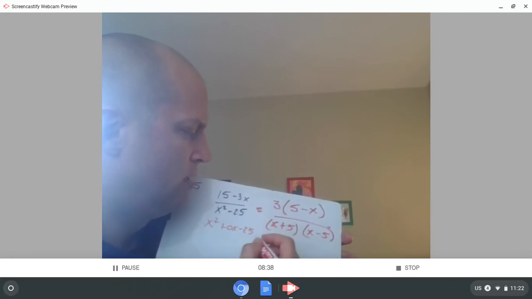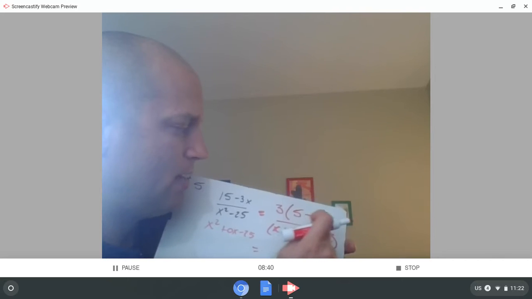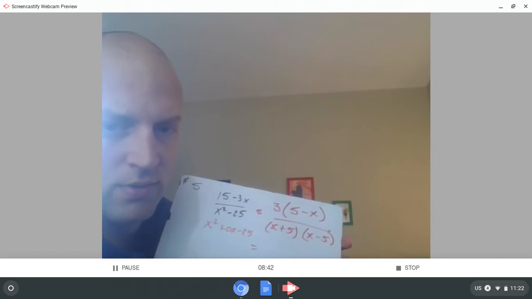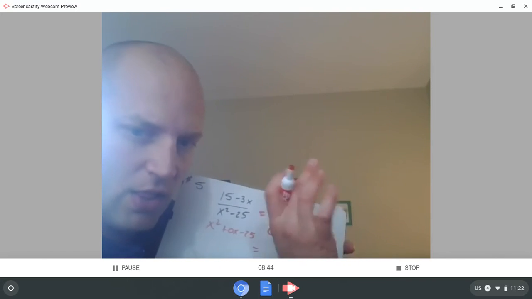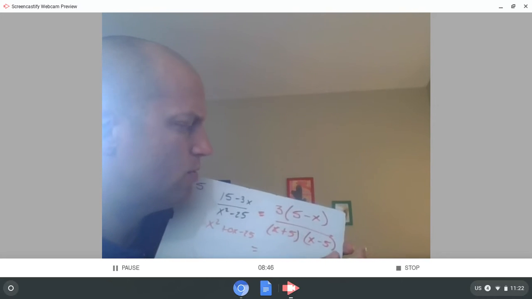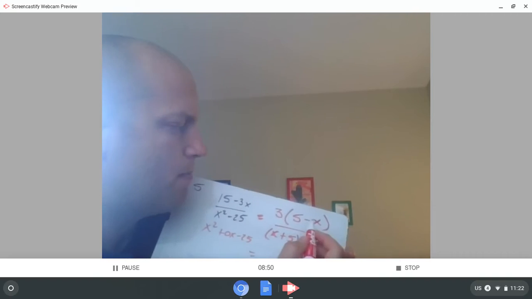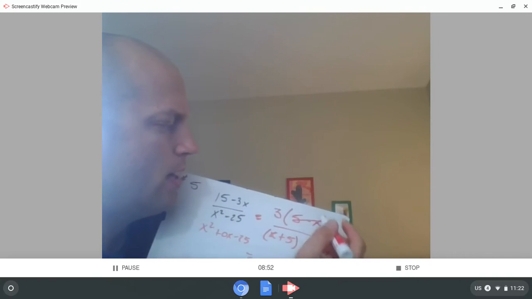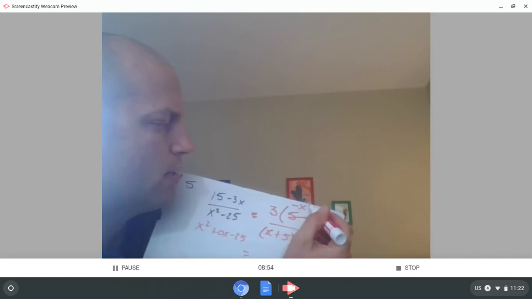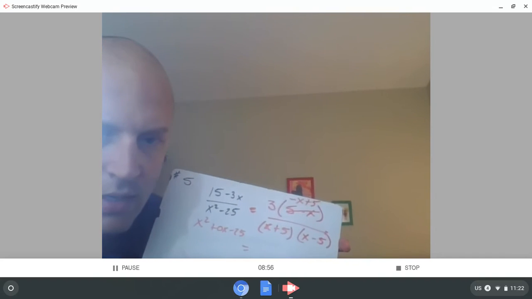All right, so I look. That is not quite like these two, okay? And in fact, it looks different, okay? So usually what I do, this is what we call additive inverse, where it's backwards and there's a minus in between. I'm going to go ahead and rewrite this as negative x plus 5, okay?